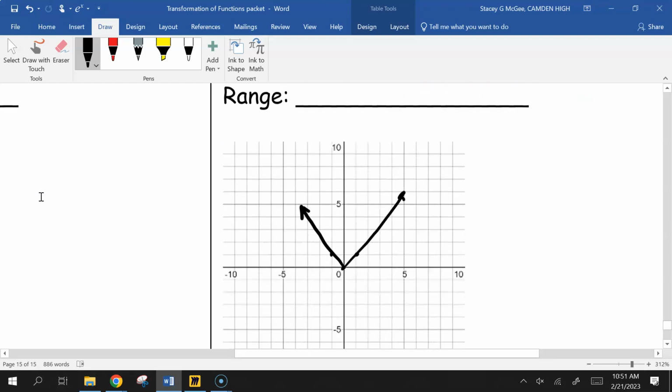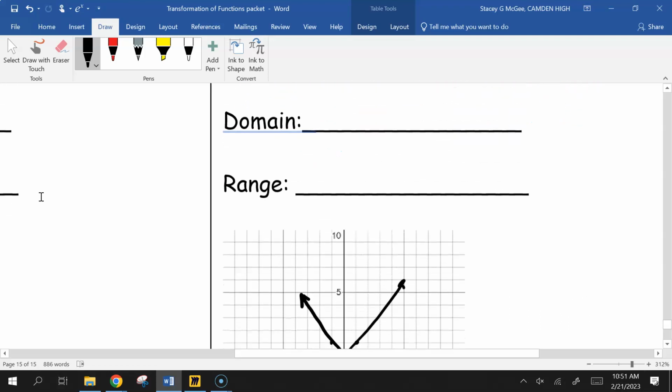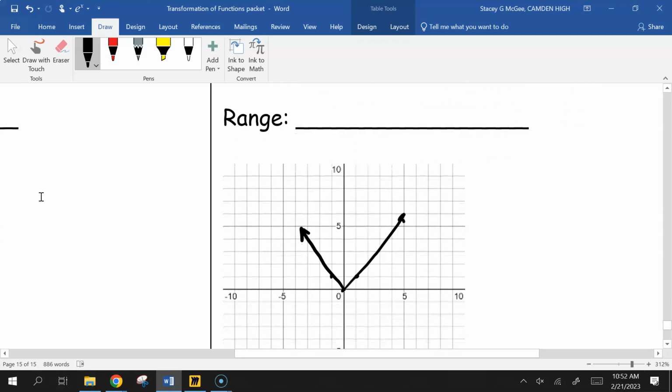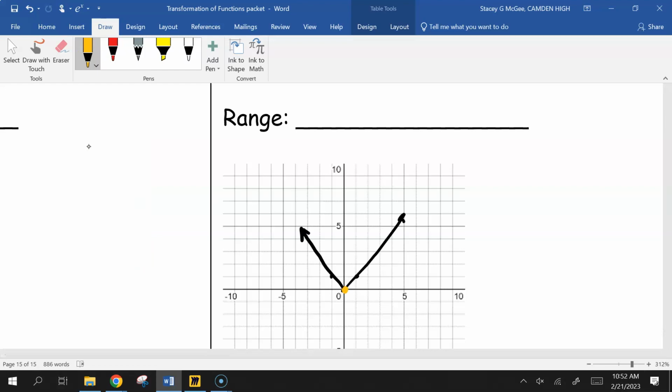First thing I'm going to do is my shrink or stretch, and it says it's a horizontal shrink of 1/3. So 0, 0, I go 1/3 1, which would mean 2/3 2, which would mean 1/3 1. So it's going to do something like this.